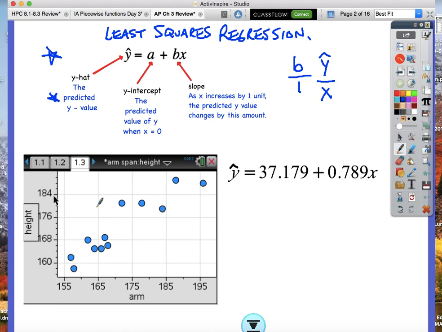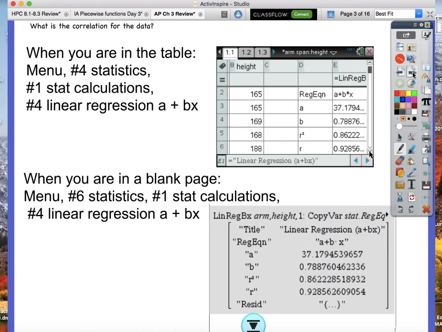Okay, I just wanted to show you a picture of a scatter plot and what an equation would look like. When you want to get the equation on your calculator, you can do it several different ways. Here's information about how to get your information in the table. So you would get your a value and your b value, so you'd be able to write your equation.